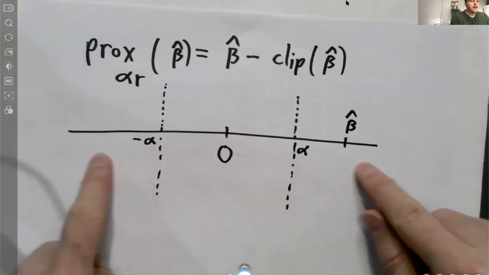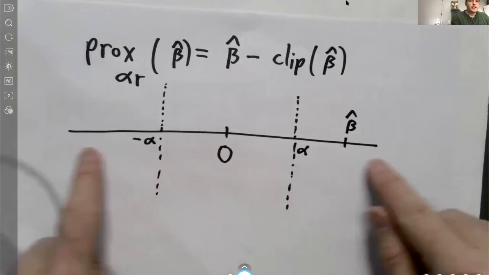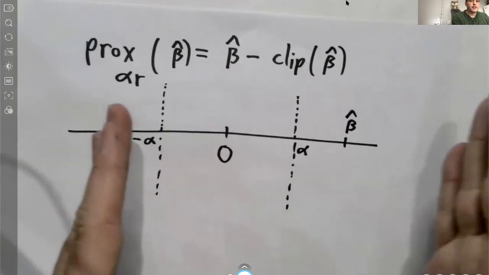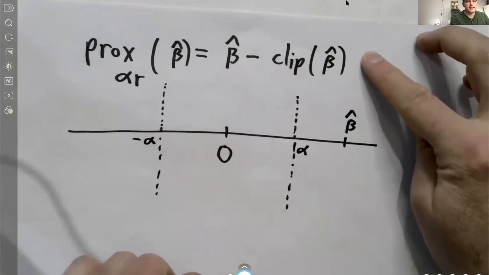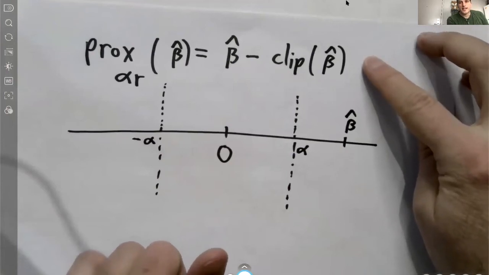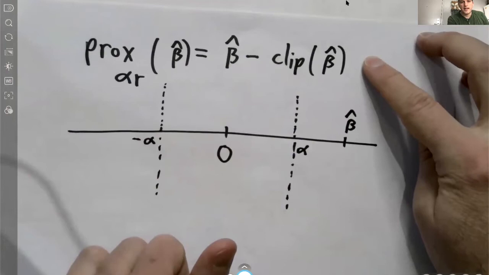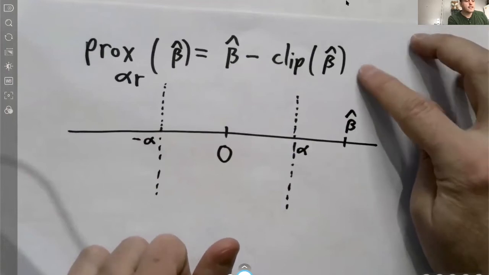Everything that's out in this outer range just gets moved towards the origin a distance alpha. That's what this formula is telling us. So when it comes time to write Python code to implement this prox operator, this formula is a simple, easy way to do it.